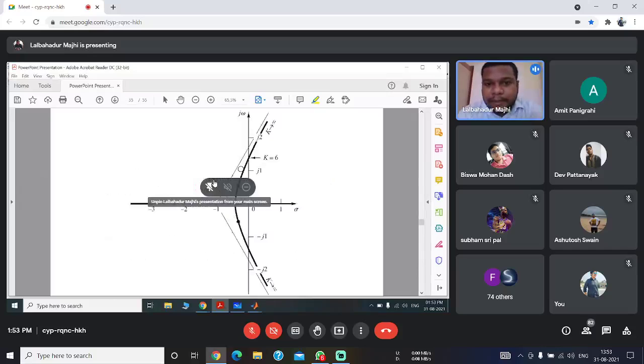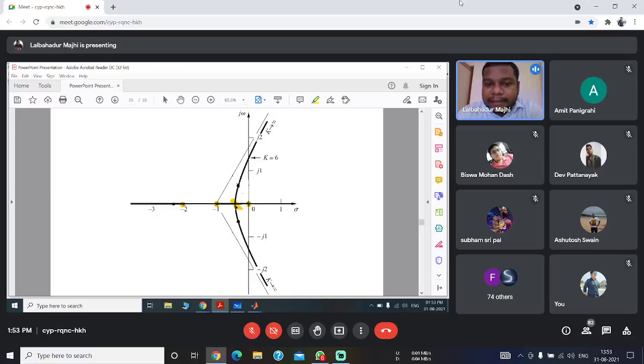Okay, so the complete diagram is this one. We have these 3 poles at s equal to 0, at minus 1 and at minus 2, and we have determined our breakaway point to be minus 0.422.